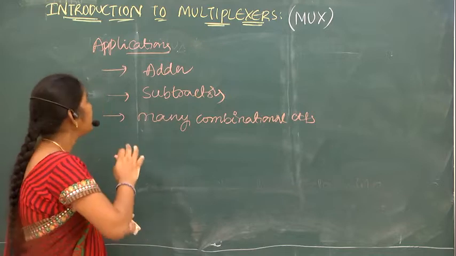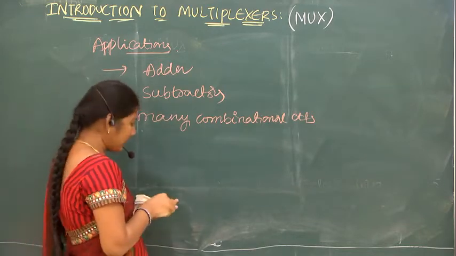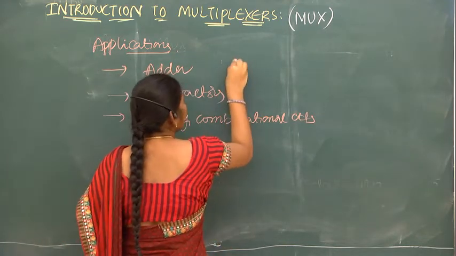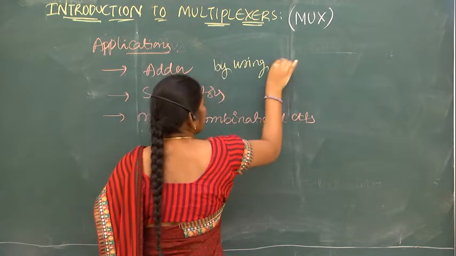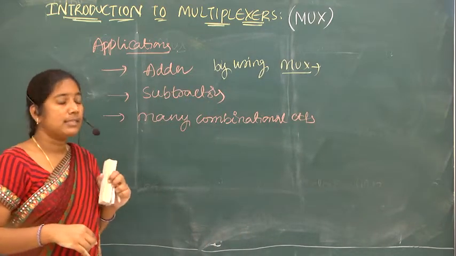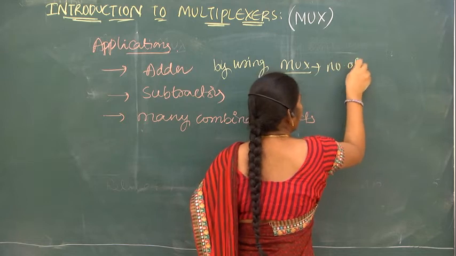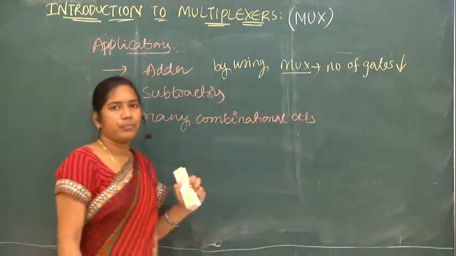Then now the thing is, as we already know how to implement an adder and subtractor, why are we going for this multiplexer? The thing is, when we are using the mux, a very important advantage is that the number of gates gets reduced.